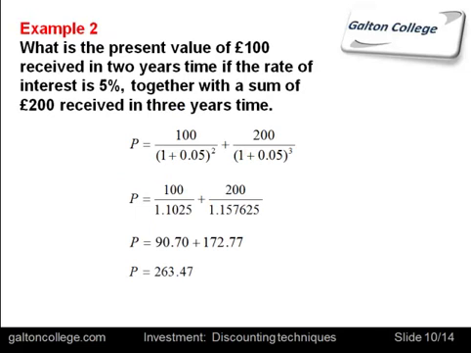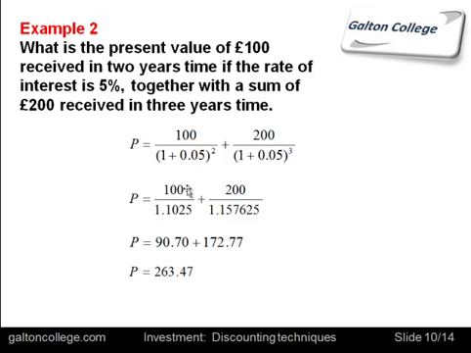Example 2. What is the present value of £100 received in 2 years' time if the rate of interest is 5%, together with a sum of £200 received in 3 years' time? Well, it's the same formula. £100 at 5%, and we get that in 2 years. So the little term here is 2. Plus, we get £200 after 3 years, 5% there.